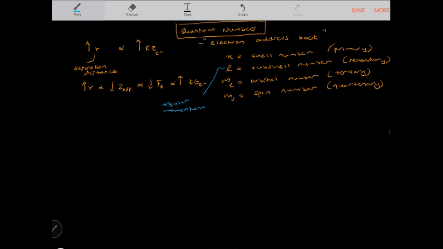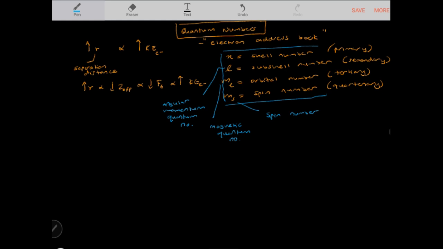This is called the magnetic quantum number. This is called the spin number. So these are basically the same thing, and we'll just look at it in this format, since it's easier for us.